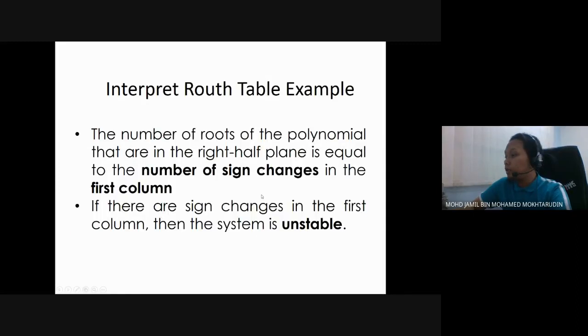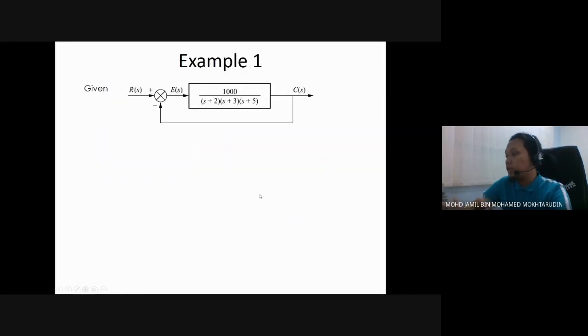Okay, so let's look at an example on how to use the Hurwitz table. Let's say you are given a block diagram as shown here.